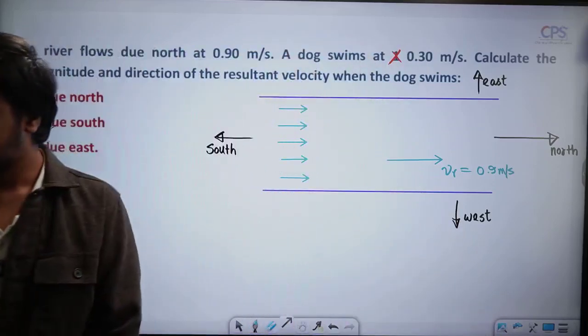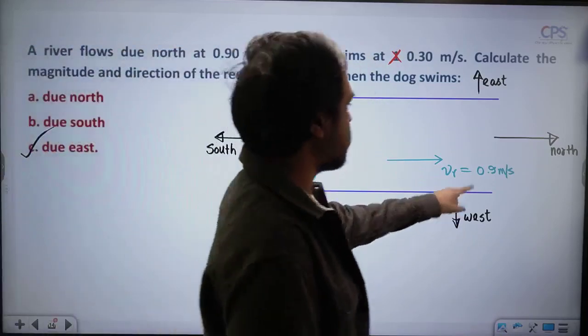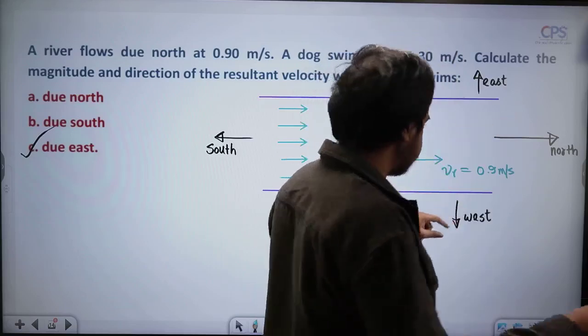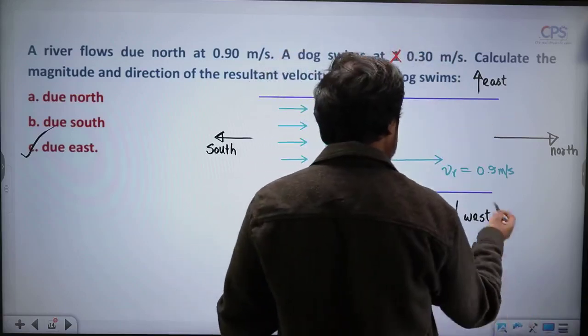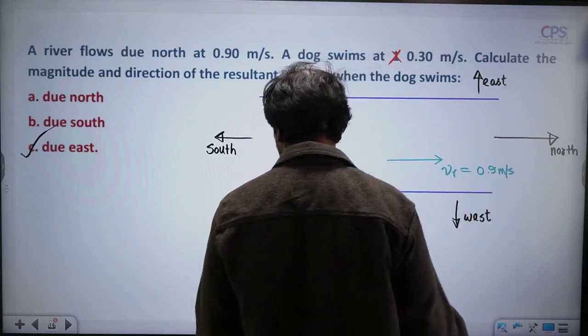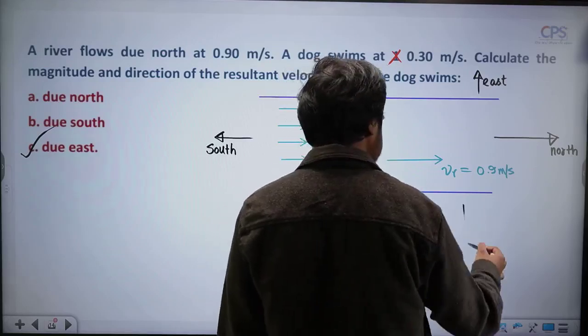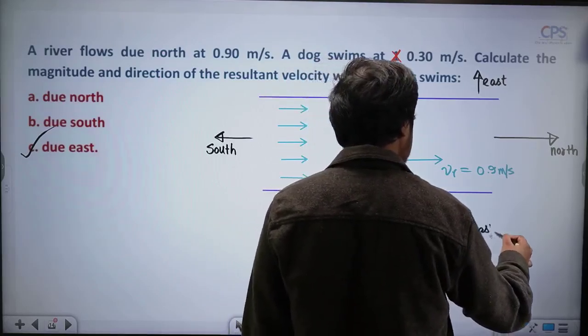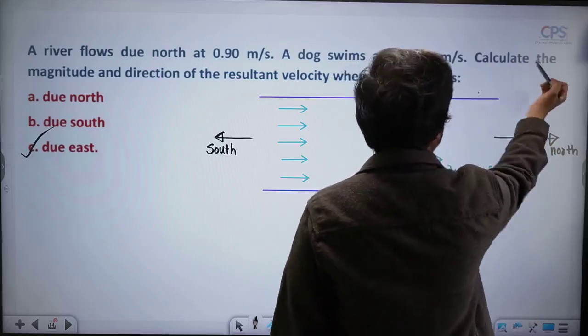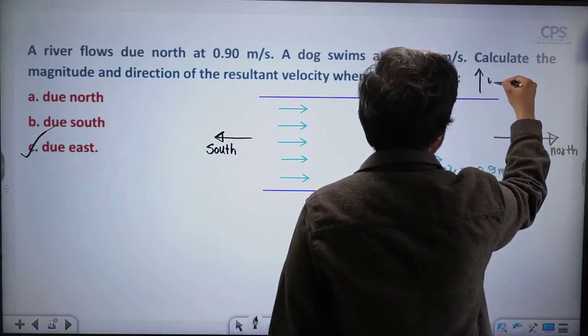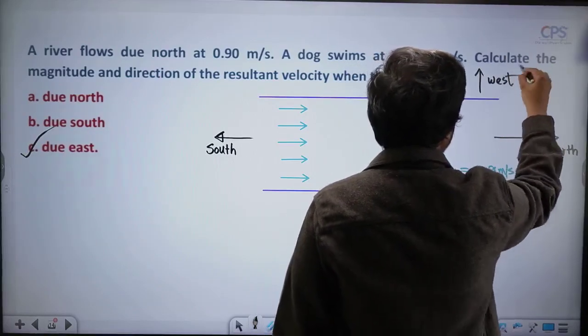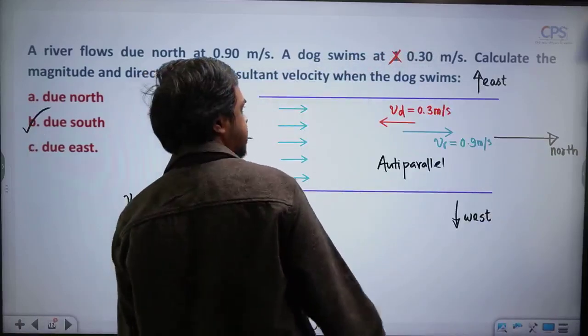Okay, I think I made a mistake here. From the northern direction, the right hand side will be, which one? Yeah, I made a mistake. This is east, and this is west. So you need to change all that.